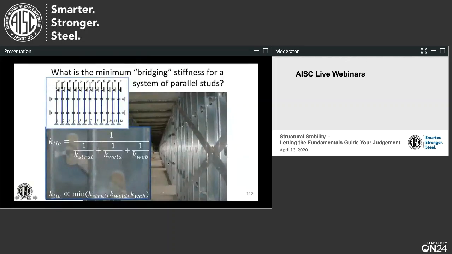That tie, the strut running through, has a lot of stiffness. The problem is the webs are quite flexible. And so the strut, the weld, and the web are all in series at each point here. So you end up with a small amount of tie stiffness, and it could be problematic if the engineers don't design for it. They're aware of it, and they're designing for it.